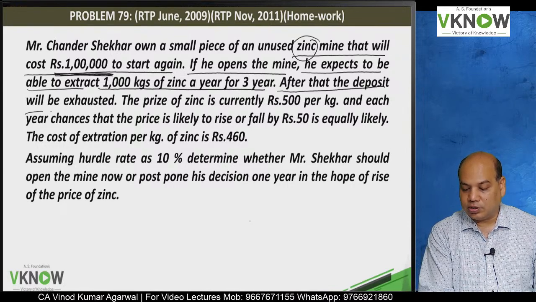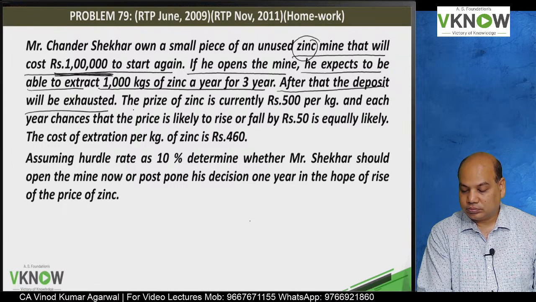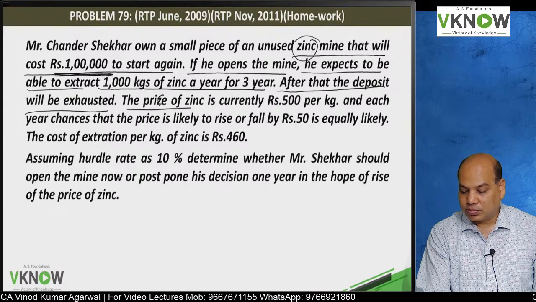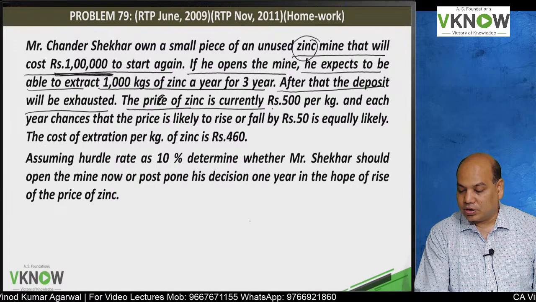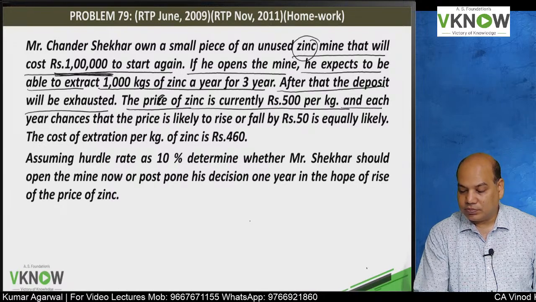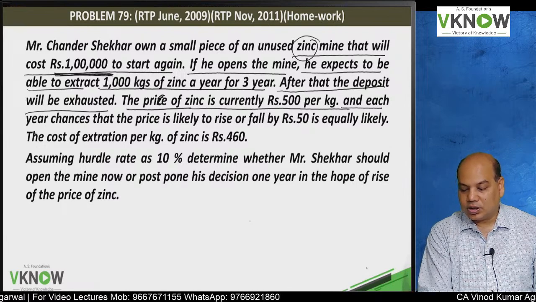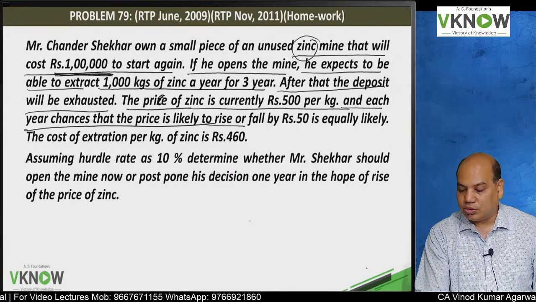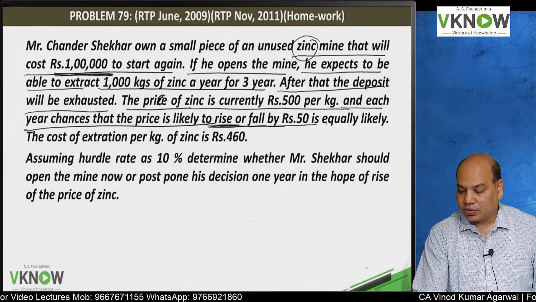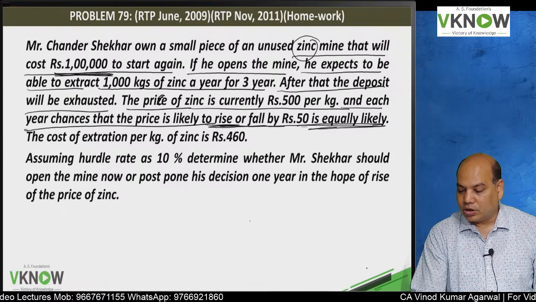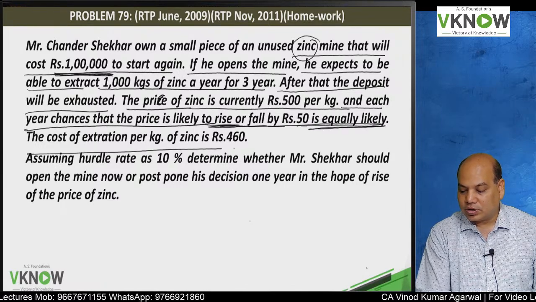After that, deposit will be exhausted. The price of zinc is 500 rupees per kg. Instead of 5000, they have made it 500, and each year the price is equally likely to rise or fall by 50. Cost of extraction is 460.